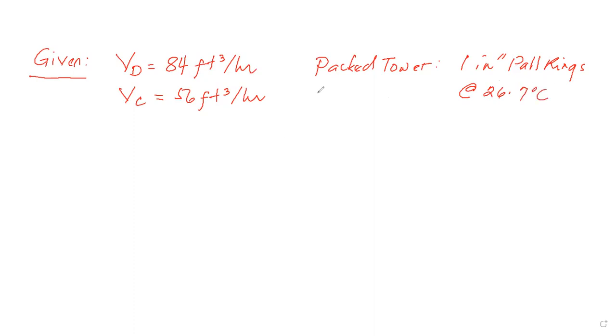So for the properties of the continuous phase, we have rho sub C, which is 62.2 pound mass per cubic feet.